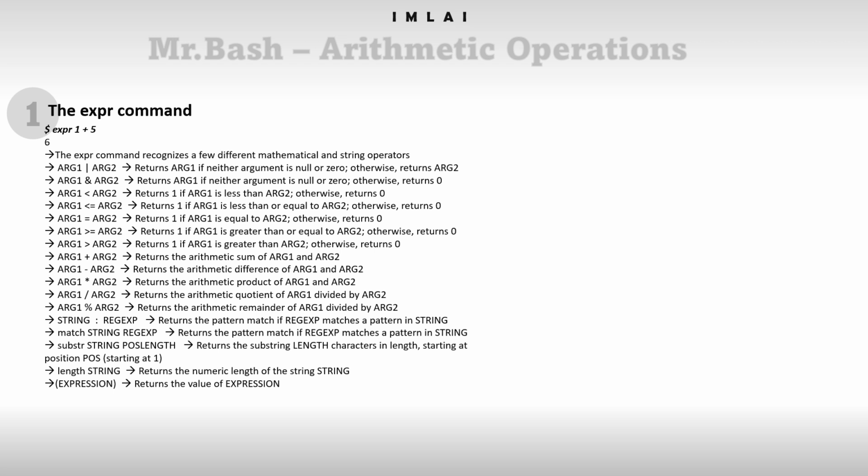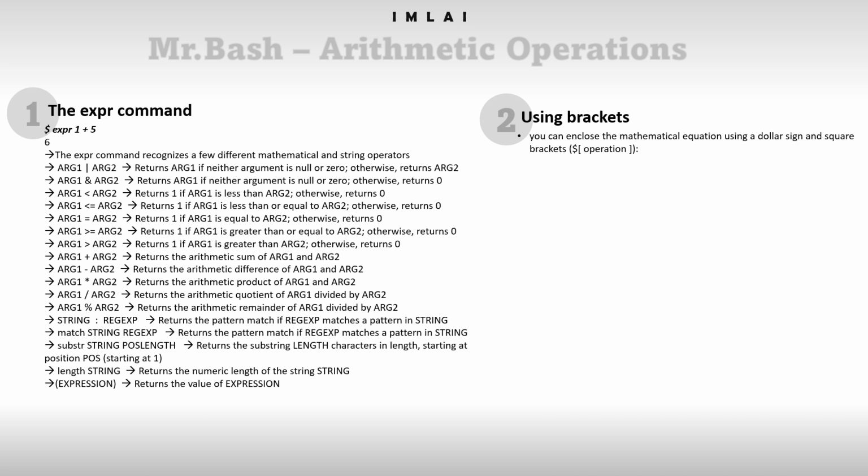Okay, then we move to the second way of doing that, which is using brackets. The bash shell includes the expr command to stay compatible with the Bourne shell. However, it also provides a much easier way of performing mathematical equations.